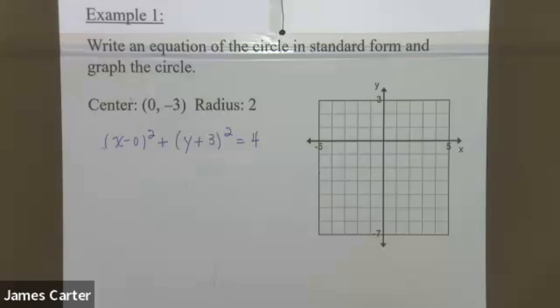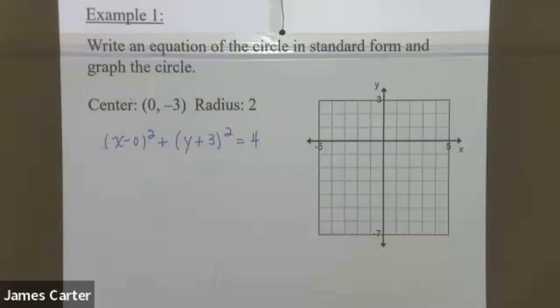Hopefully you've got that. Of course, there are no signs on zeros. You could add a plus there just as easily. But here you notice you got opposite sign, and then we got to square that radius.